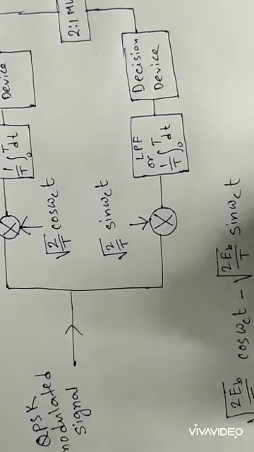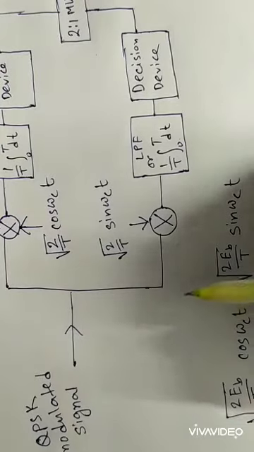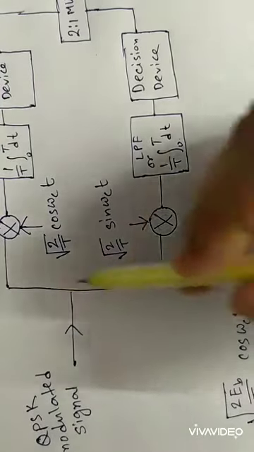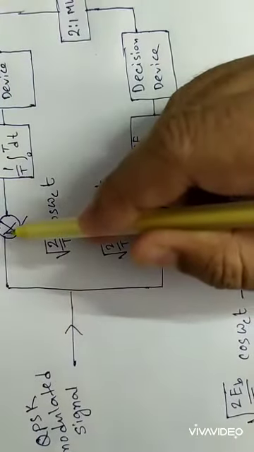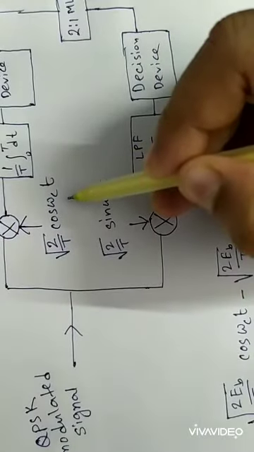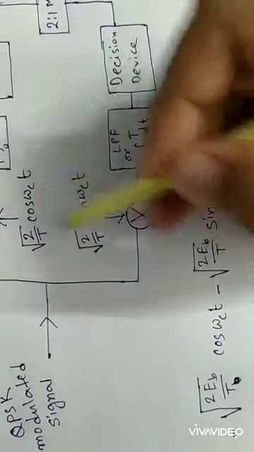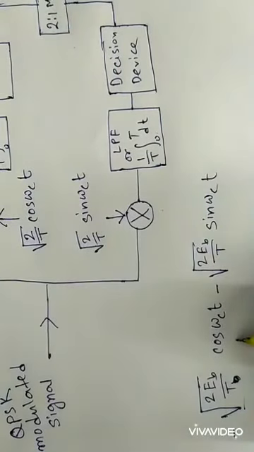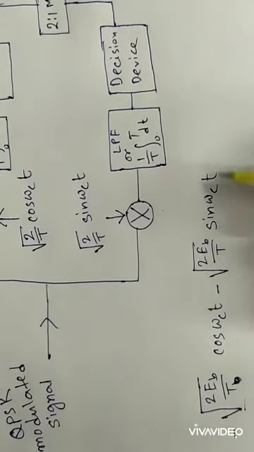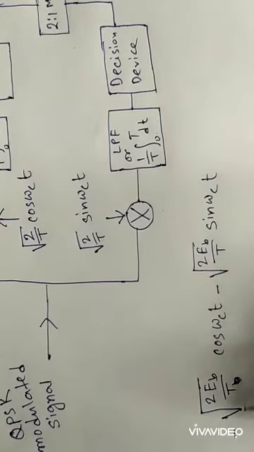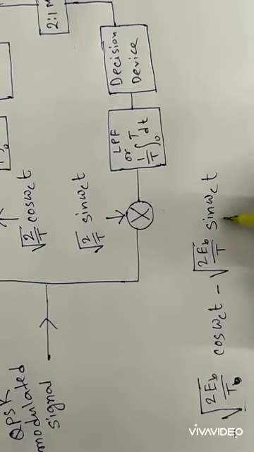So when this incoming signal passes through this path, it is multiplied by root over 2 by T cos omega ct. When you multiply the whole signal by a constant into cos omega ct, you get minus some constant into cos square omega ct, minus some constant into sin omega ct into cos omega ct.